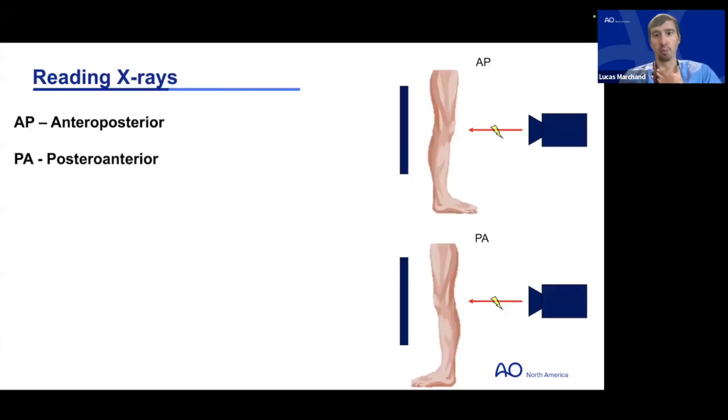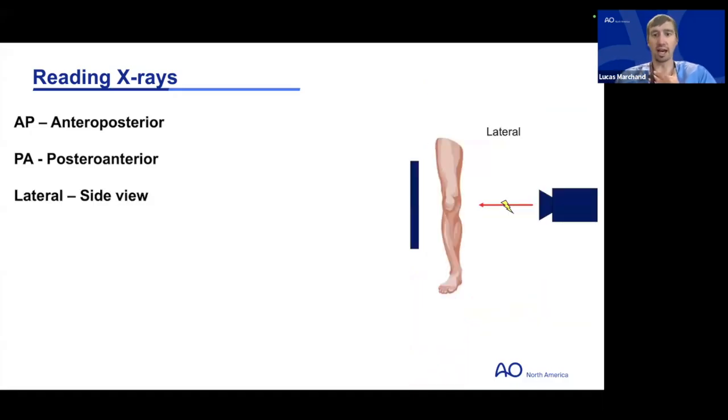So for most limb segments, there are two images that we're always going to obtain, either an AP or a PA. This is basically the coronal plane view, or looking at the extremity or body segment head on, and a lateral or side view.